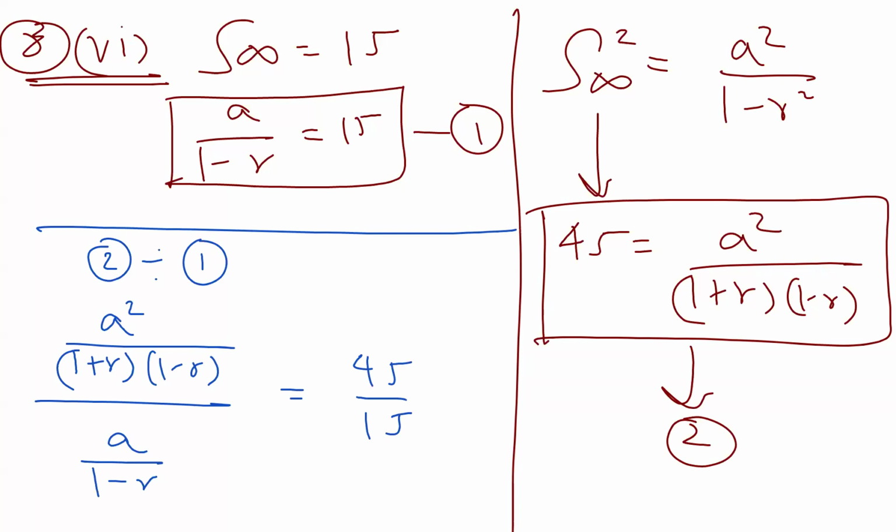I'll do the cancellations. A and A is gone. 1 minus R is gone. 15 ones are 15, 15 threes are 45. So 1 upon 1 plus R is equal to 3.